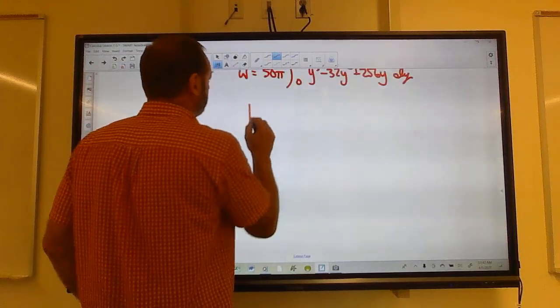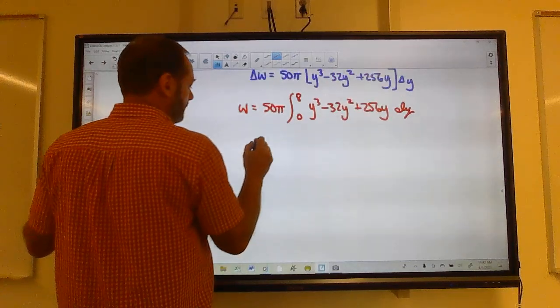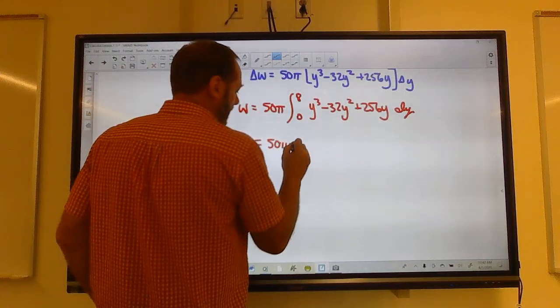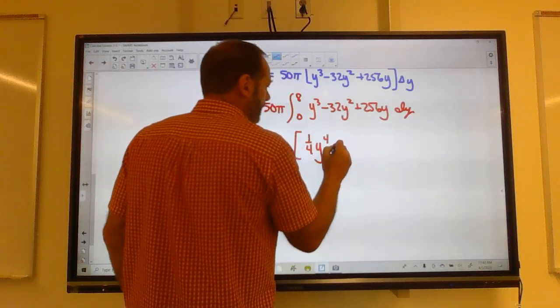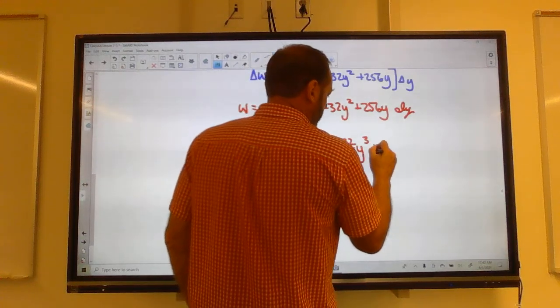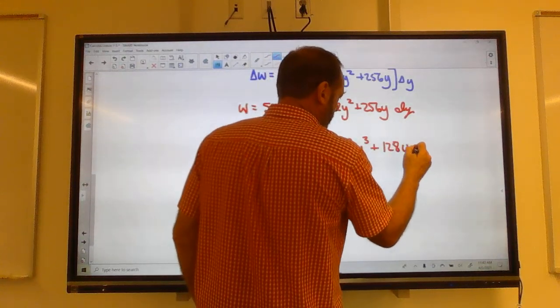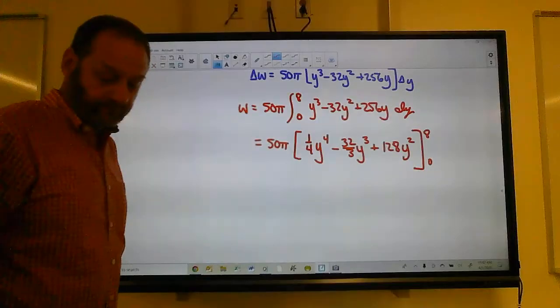So this is pi times 1/4 y to the 4th minus 32/3 y cubed plus 128 y squared, evaluated from 0 to 8.